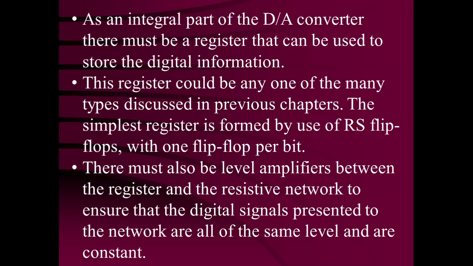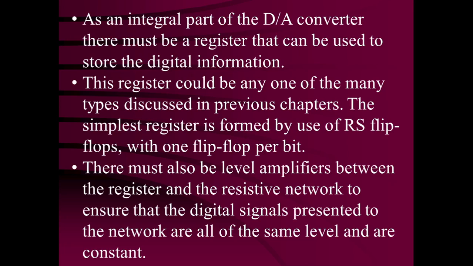So this register could be any one of the many types discussed in the previous chapters. The simplest register is formed by use of RS flip-flops with one flip-flop per bit. We know that the basic RS flip-flop is a 1 bit memory device. So if you have 4-bit information, then 4 flip-flops are required.